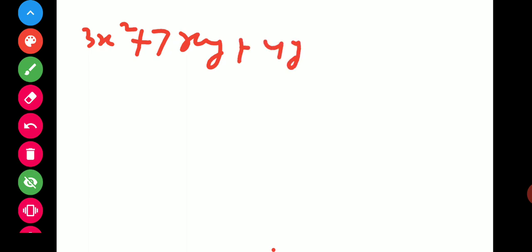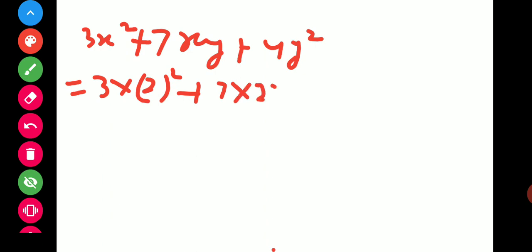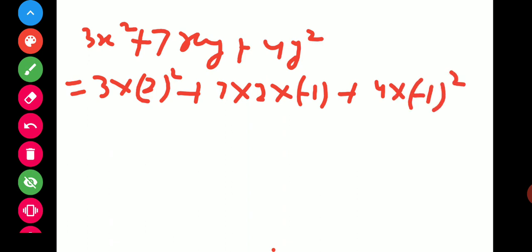Now come to the right hand side. Right hand side is 3x square plus 7xy plus 4y square. Now put the values. 3 into 2 square plus 7 into 2 into minus 1 plus 4 into minus 1 whole square.